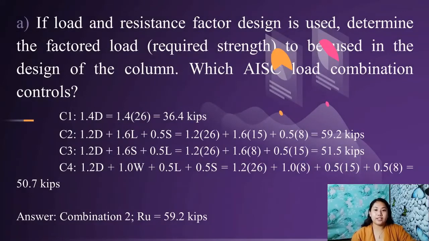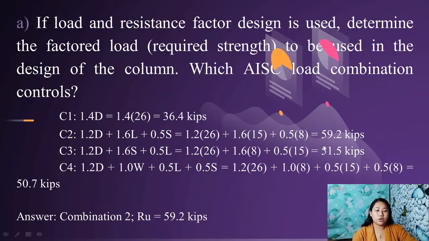So letter A. If load and resistance factor design is used, determine the factored load required strength to be used in the design of the column. Which AISC load combination controls? C1 we got 36.4 kilopascal, C2 59.2 kilopascal, C3 51.5 kilopascal, C4 is 50.7 kilopascal.